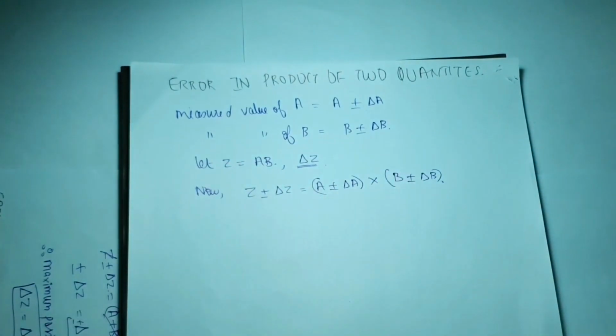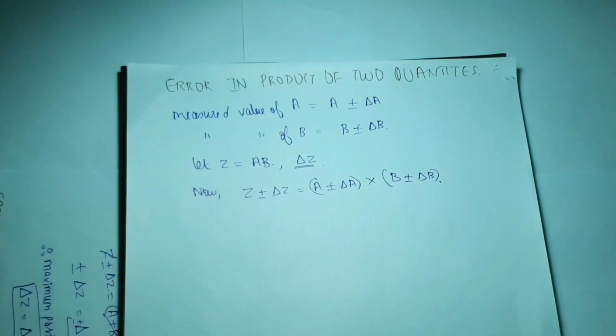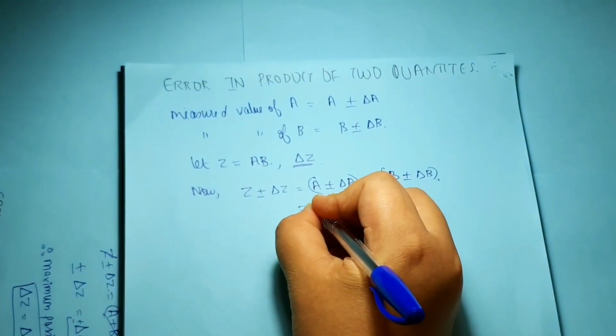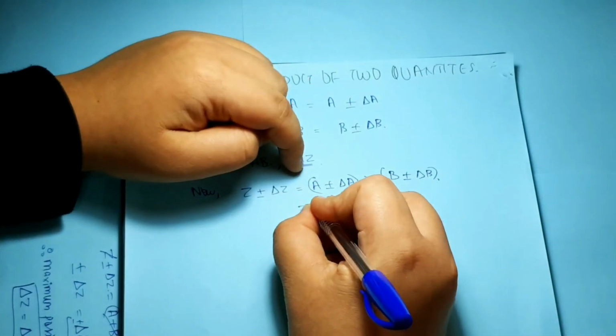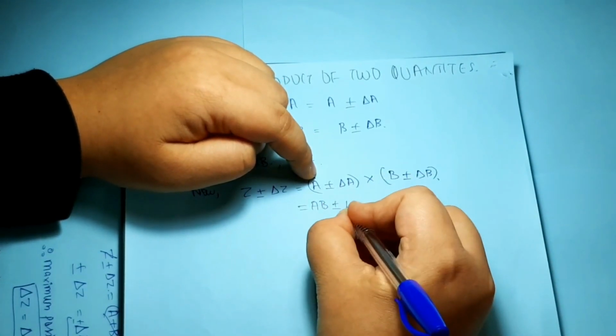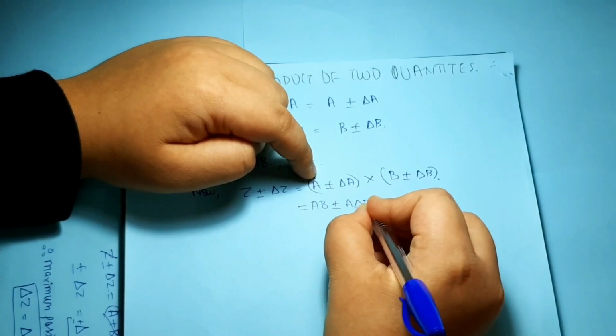Fine, clear. Now be very careful when you open this bracket up, because with multiplications you must know how to open brackets. Let's see how to open the bracket on the RHS. So you're going to have a into b, so a into b plus or minus a into delta b, same as it is.